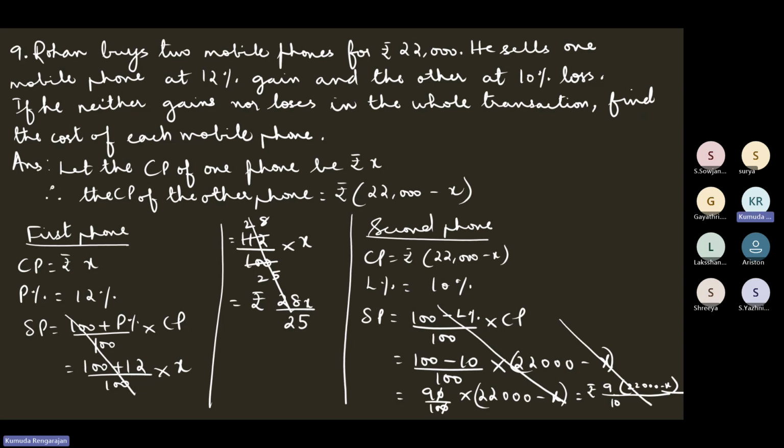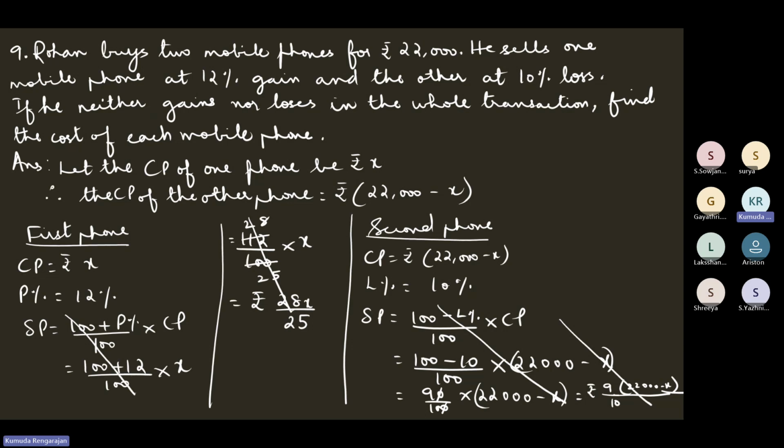He gets money when he sells the first phone. He loses money when he sells the second phone. But on the whole, he doesn't gain or lose anything. On the whole, that is putting both the transactions together.